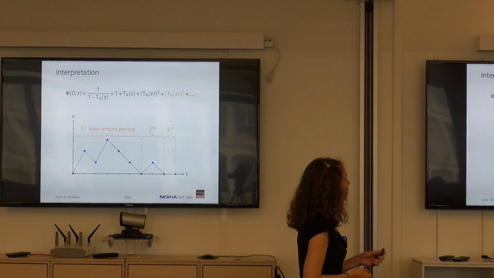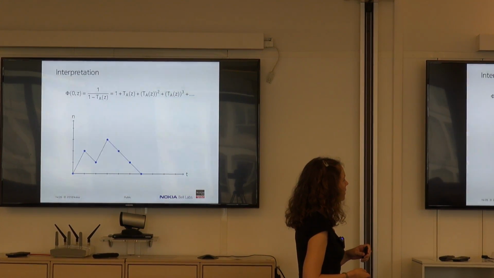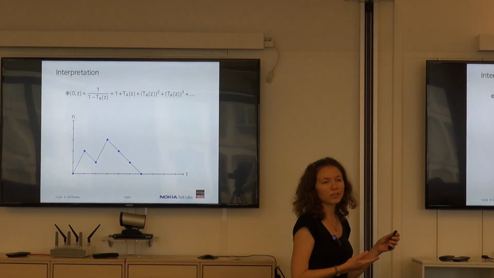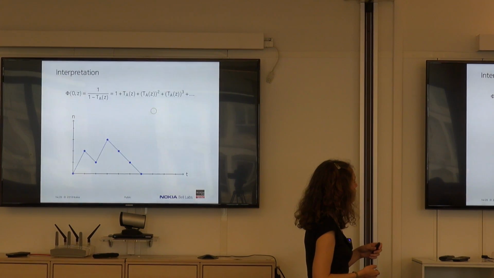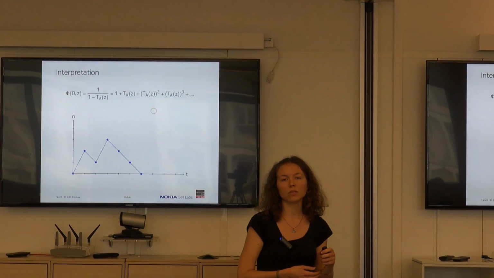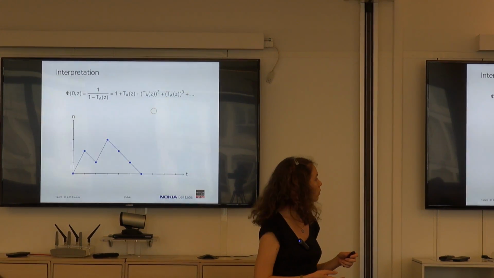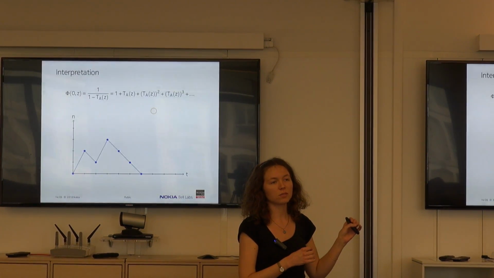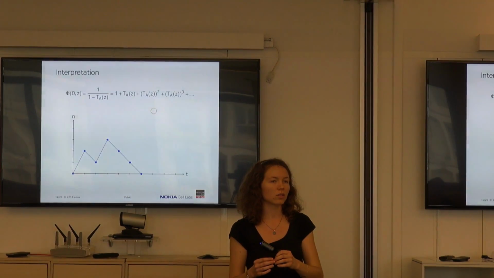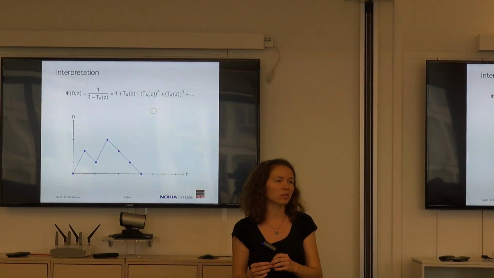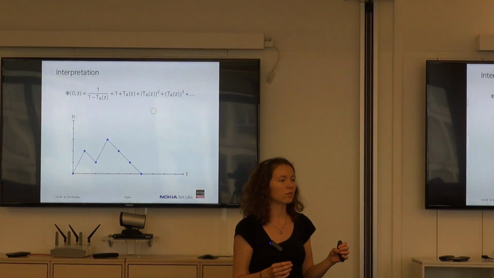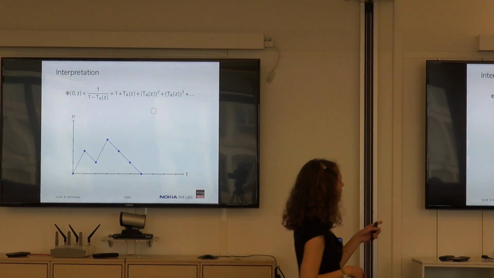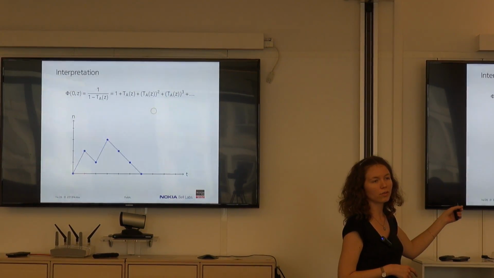If we focus on one specific inter-empty period, we can build a tree as follows. The first time slot of the period will be the root. Then the children of this time slot will be the time slots where you process customers that arrived during the original time slot. Here, during this time slot, you had 2 arrivals.